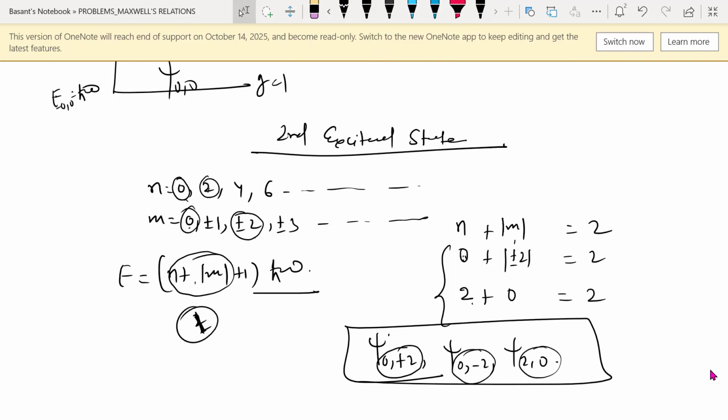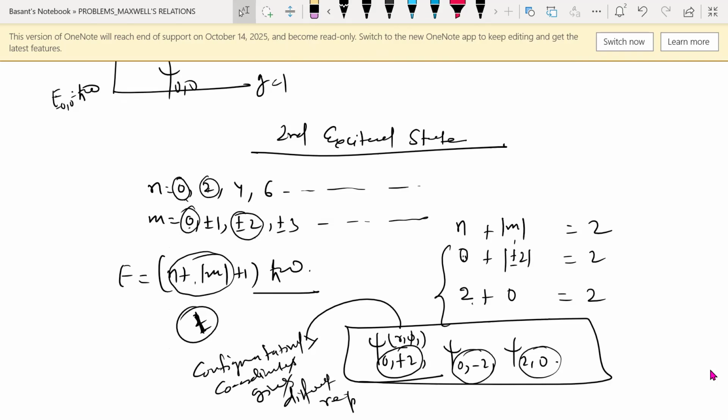So the configurational coordinates are different. Configurational coordinates give different representation in the polar plane.